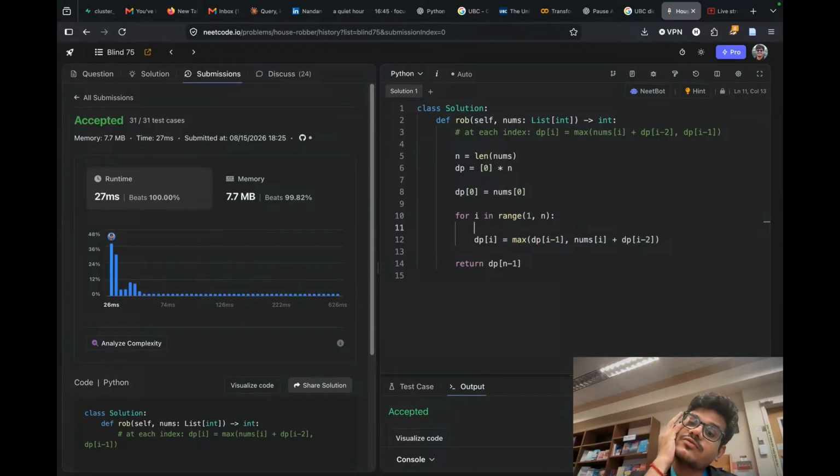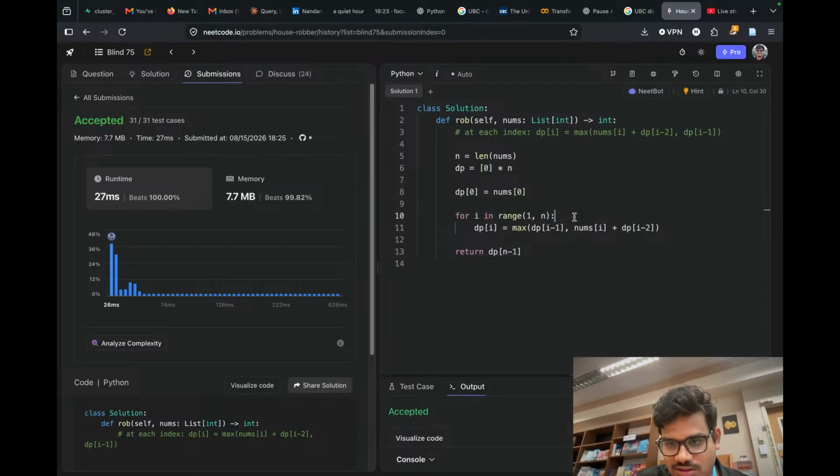And here one problem is, what if dp of i minus 2 does not exist? So if i is less than 2, what we can do is here we can say plus dp of i minus 2 if i is at least 2, else 0.